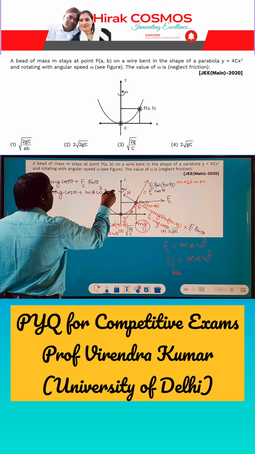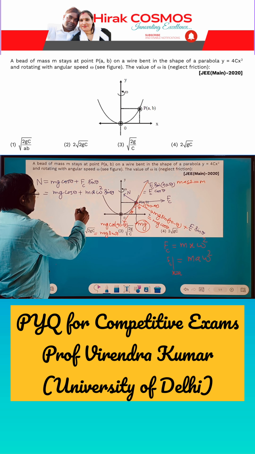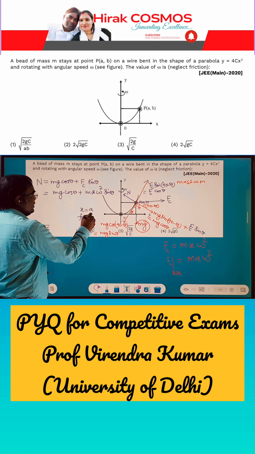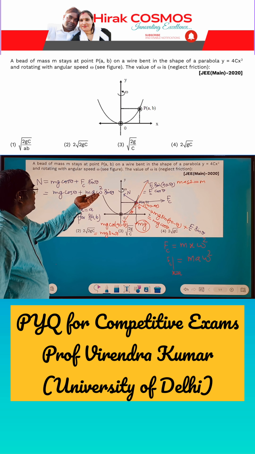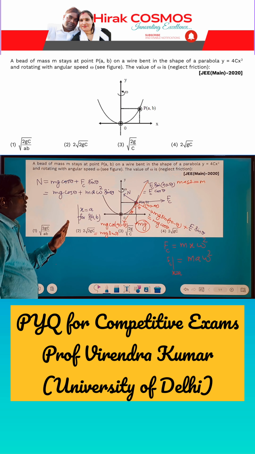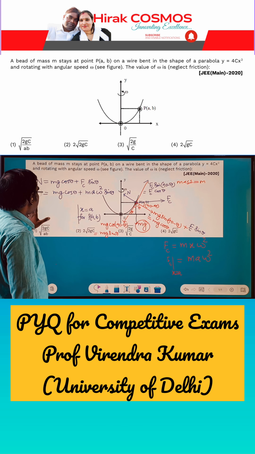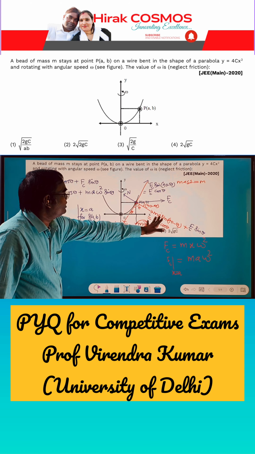We are taking x equal to a for point P. Otherwise, it must be x here if you are not taking the particular position for the bead, right? So this normal reaction is balanced by this.